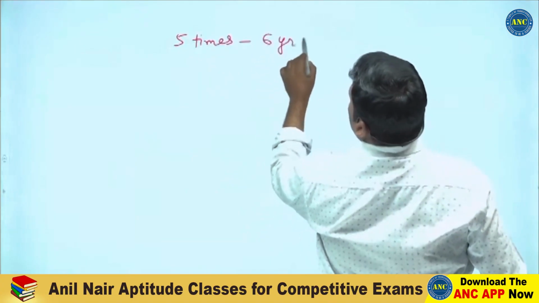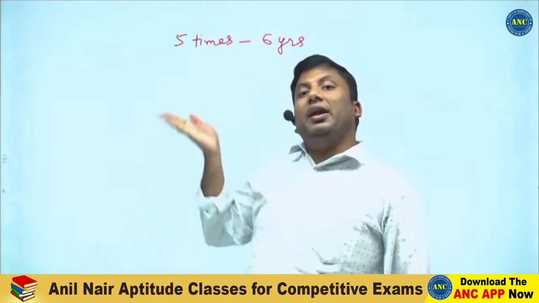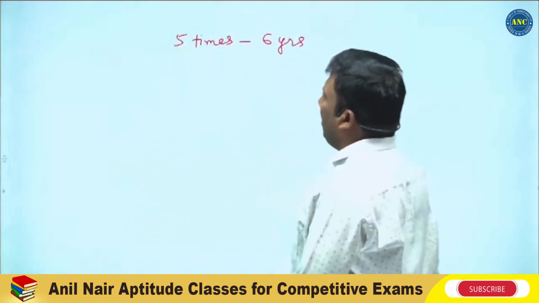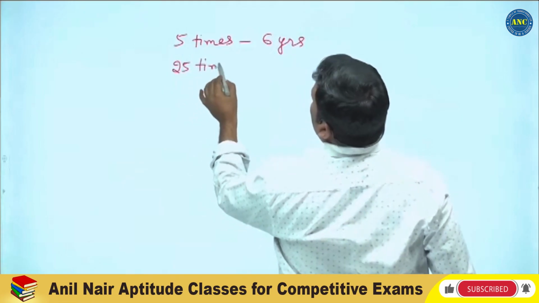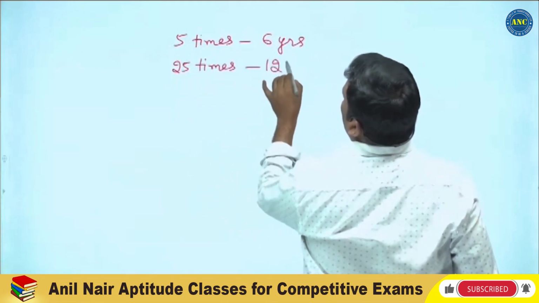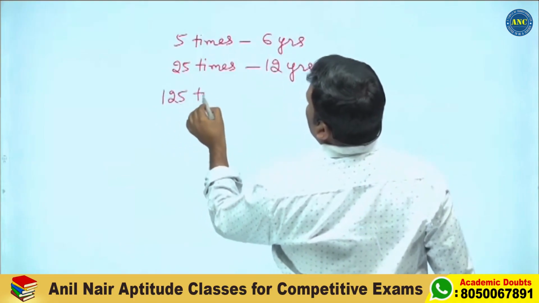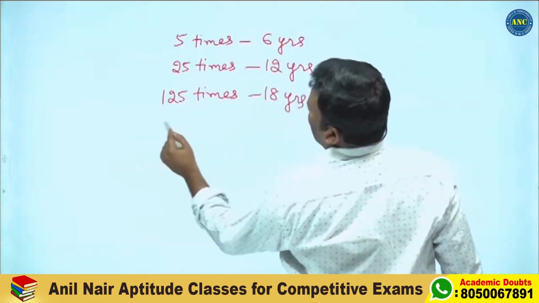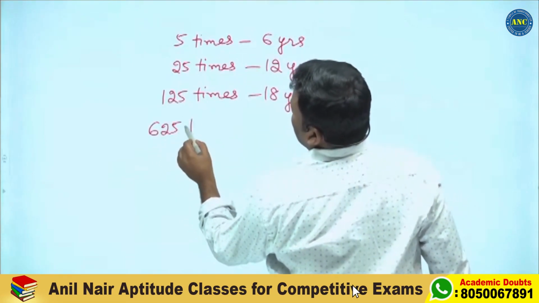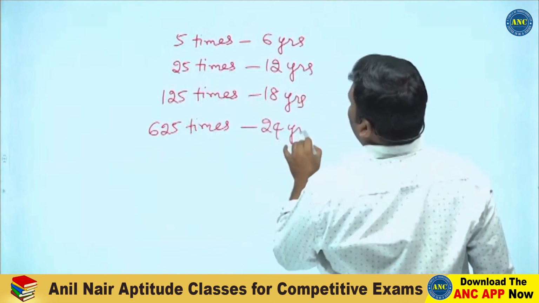Number of times will be in GP, number of years will be in AP. So if it is 25 times, that is the square, it will be double, 12 years. If it is the cube, 125 times, it will be triple, 18 years. If it is 625 times, the fourth power, it will be 6 fours are 24 years.